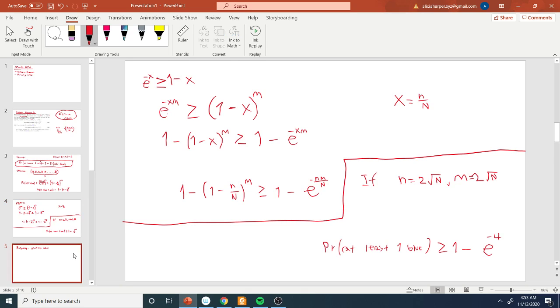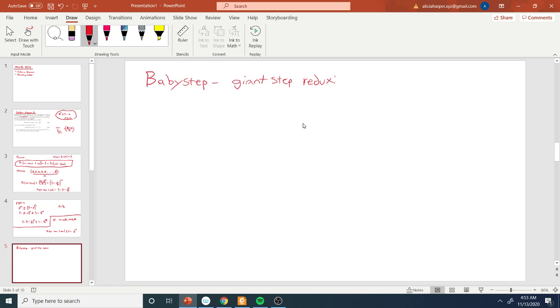Let's try to explain how it's useful. So let's go back to baby step, giant step. In baby step, giant step, you have g, which is a primitive element of F_p, the field with p elements. And you're interested in solving the discrete log problem, g to the x is congruent to h mod p.